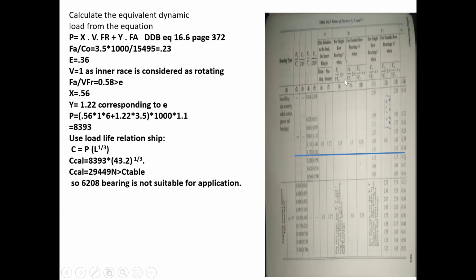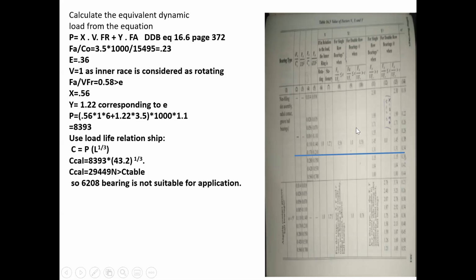Mind it, this symbol you have to change in your data book. This is incorrect. This should be greater than e. If Fa upon V Fr is greater than e, then you have to take X equal to 0.56. Now, as Fa upon V Fr is greater than e, we will consider the value of Y corresponding to the value of e equal to 0.36.